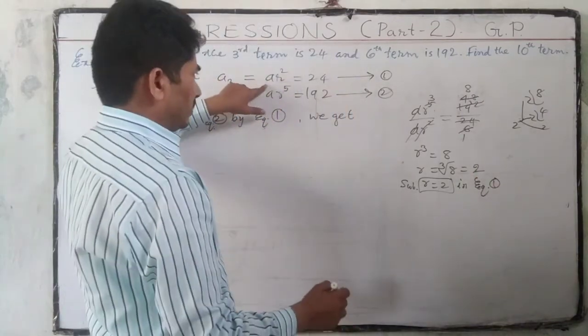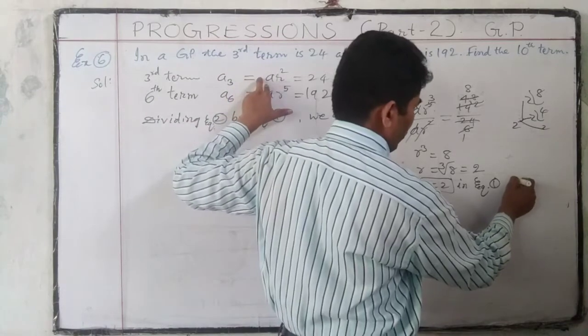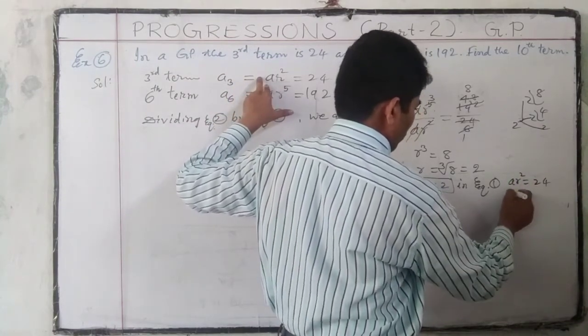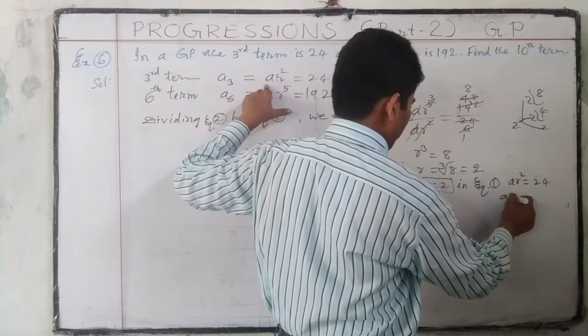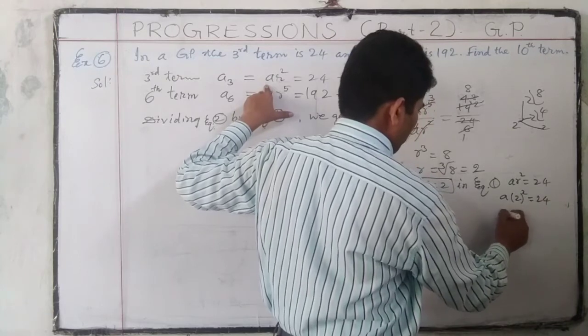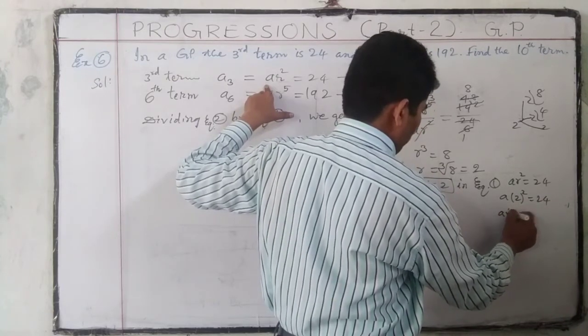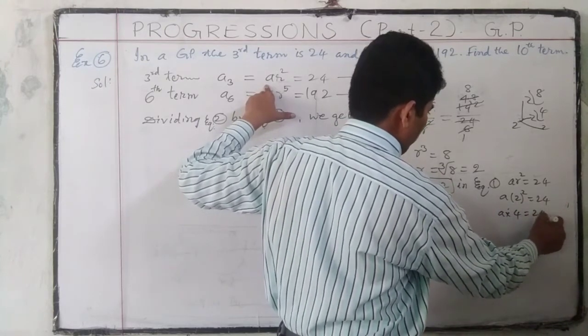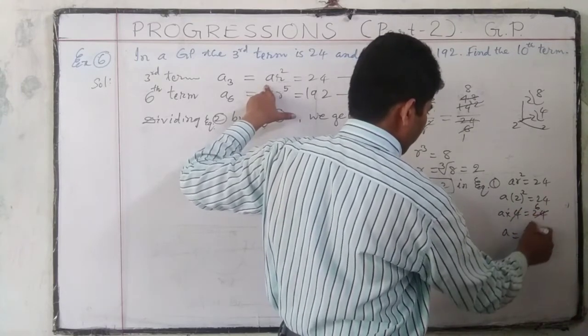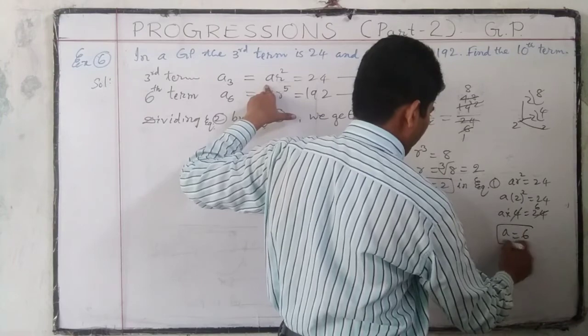Equation 1 is AR square is equal to 24. In place of R we substitute 2, so A into 2 square is equal to 24, 4A is equal to 24. A is equal to 6.